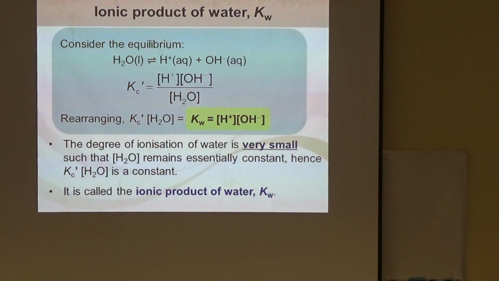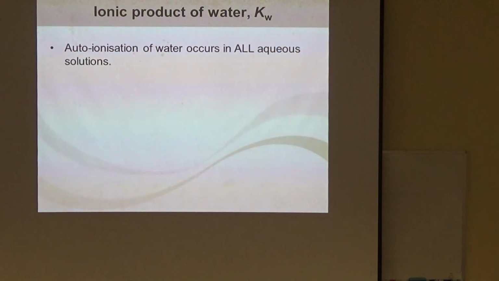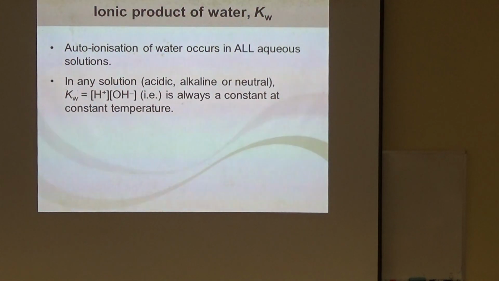This, if I'm not mistaken, is in your data booklet. It's called the ionic product of water. Auto-ionization occurs in all aqueous solutions. In any solution, Kw is a constant at a constant temperature.